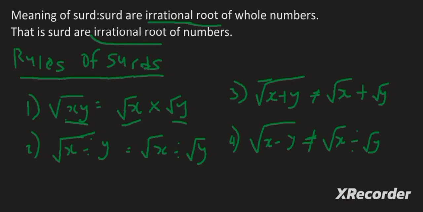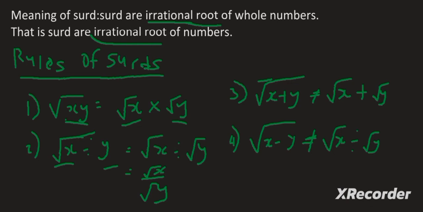The same goes for division: you can take the root of x and divide it by the root of y separately. That means I can also write this as root x over root y.